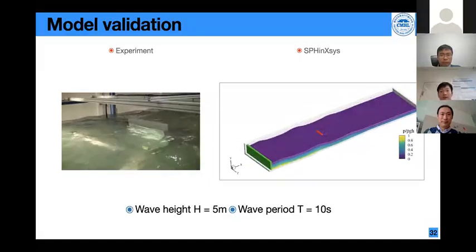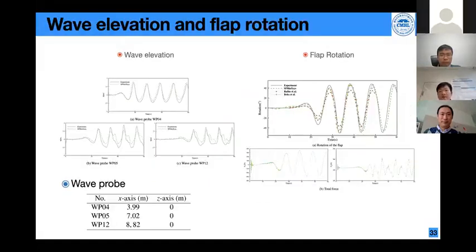So this is the validation for wave elevation and the flap rotation. This is the procedure for 3 wave gauges. We compare the numerical results with the experimental data. As you can see here, for wave gauge number 4, which is far away from the flap, a very good agreement is noted.